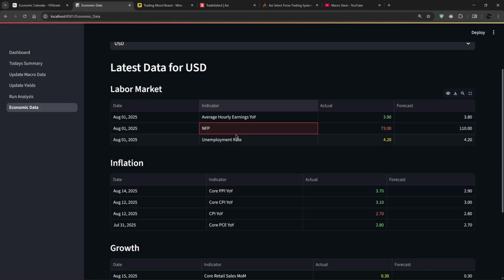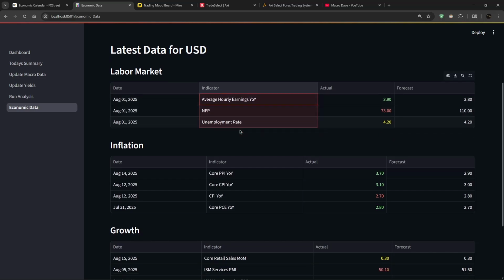But when I did that for ADP and JOLTS, it shows that there's no correlation. So essentially looking at something like ADP or JOLTS and saying that JOLTS beat expectations, so you're going to go long the dollar, there's no signal in doing that, because the backtest has showed me that there is no correlation between JOLTS and the US dollar, and there's no correlation between ADP and the US dollar. So this is why I only use 3 metrics for the labor market.